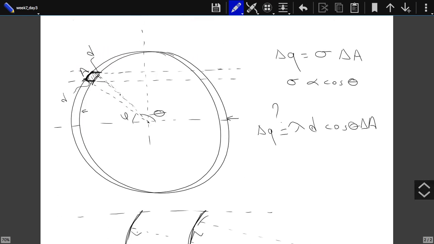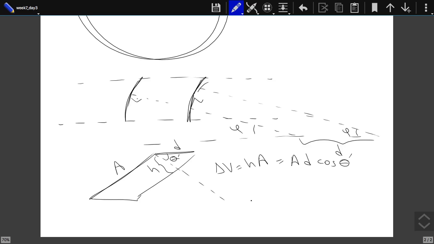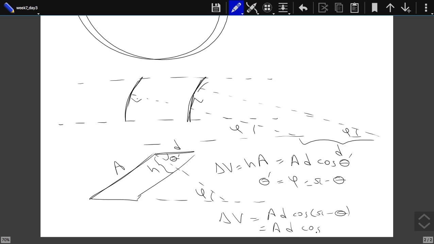Well, you see this line is perpendicular to A. So this line is basically perpendicular to A. And it makes an angle phi with the horizontal. So theta prime is actually phi, which is pi minus theta. So delta V is equal to A times D times cosine pi minus theta, A times D times cosine theta. This is the volume of that very small segment.